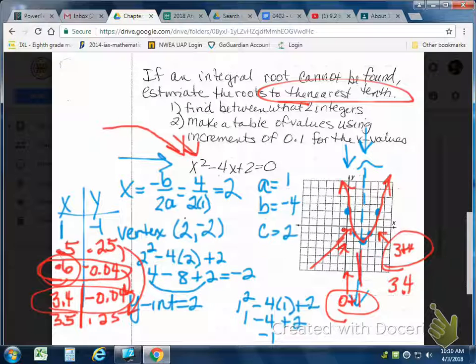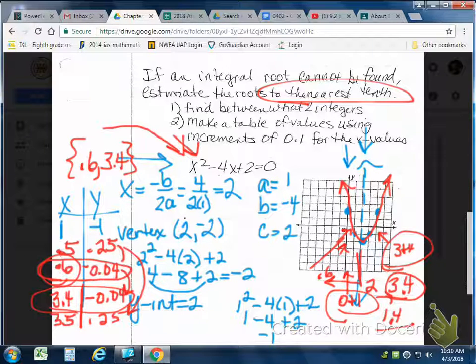Like my axis of symmetry here at 2, if I know it's 3.4, it's 1.4 units right. So we would know to go back 1.4 units. That would make it 0.6. Either way, my two solutions that we estimated would be then 0.6 and 3.4. That is estimating the roots when you can't find them on an integer.